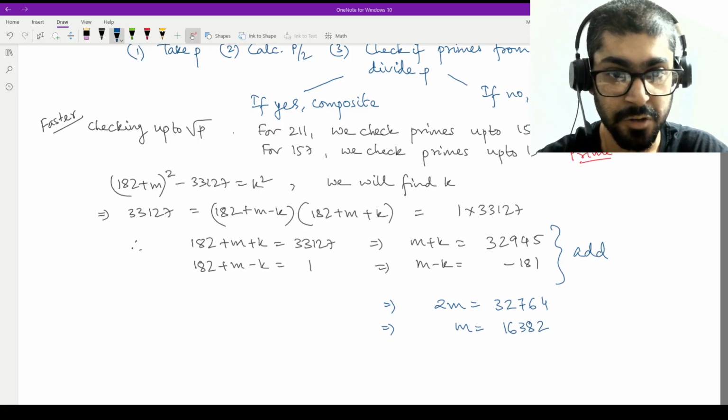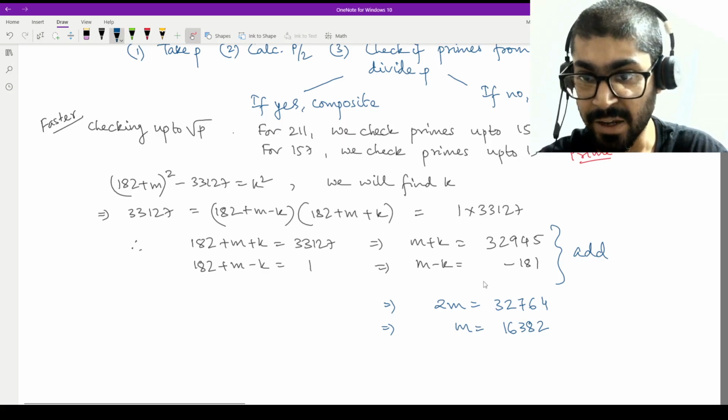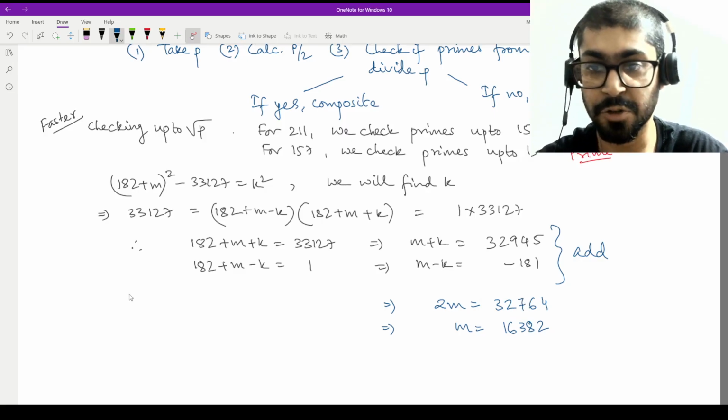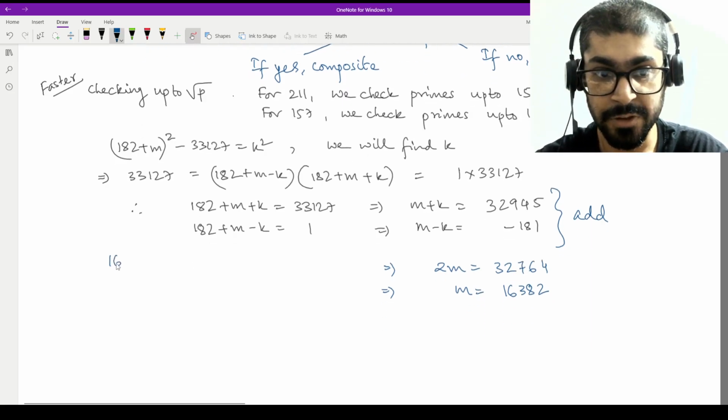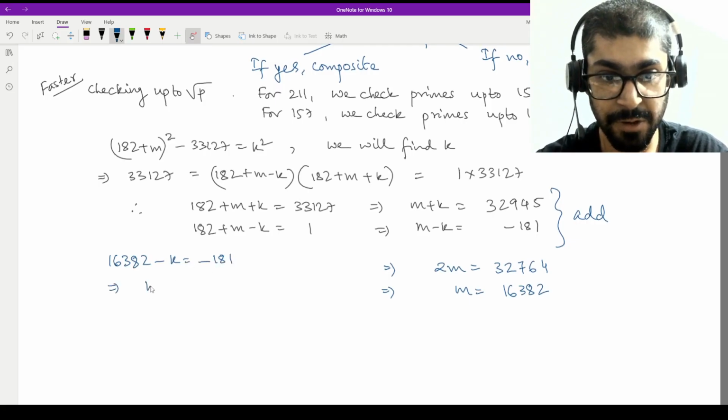Alright, so we should get the value of k. m - k is equal to -181, right? So k should be equal to 16382 plus 181, so k will be equal to 16563.